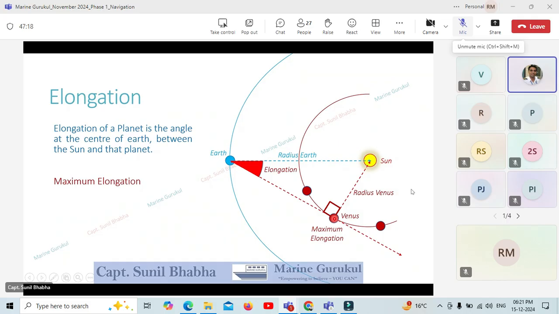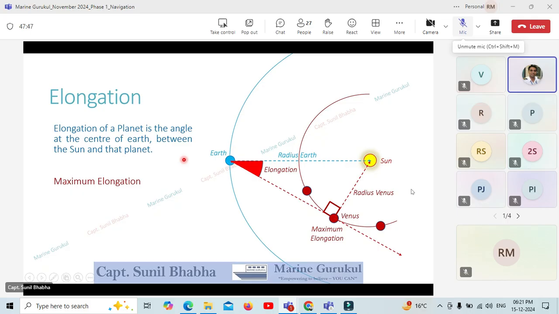Now, if you consider an exterior planet, meaning a planet whose radius is greater than the radius of the Earth, like for example Mars, the maximum elongation of Mars is going to be 180 degrees. The maximum value of elongation possible is 180 degrees.